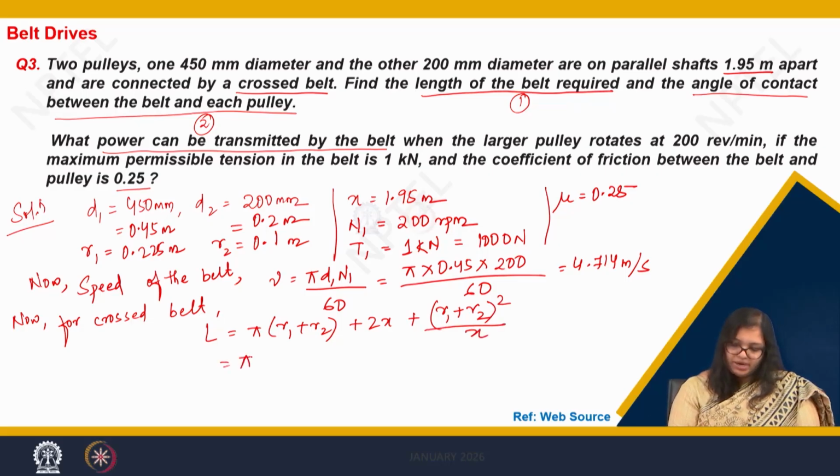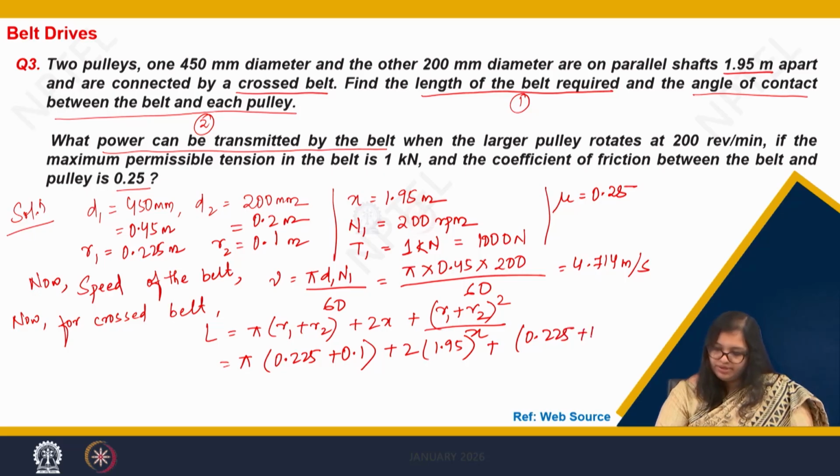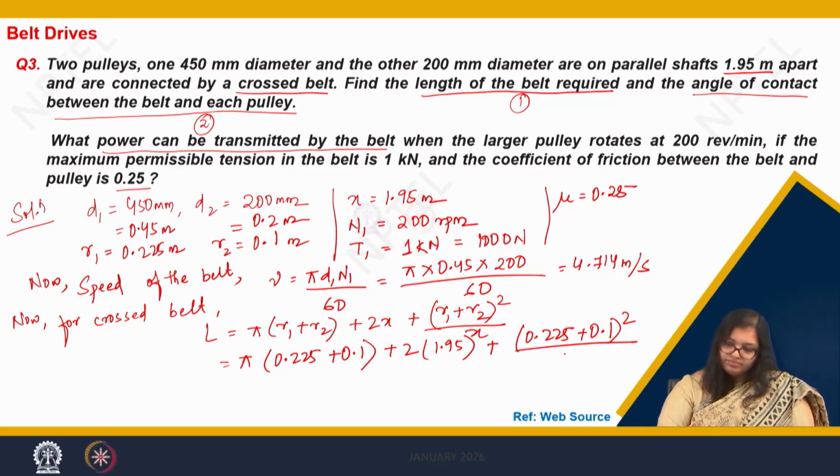So this gives pi times (0.225 plus 0.1) plus 2 multiplied by 1.95 plus (0.225 plus 0.1) square by 1.95, which gives me the value of 4.975 meters.